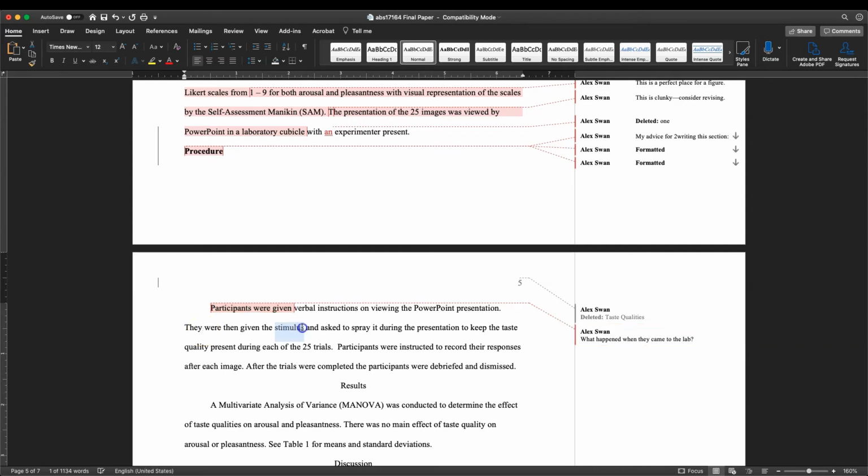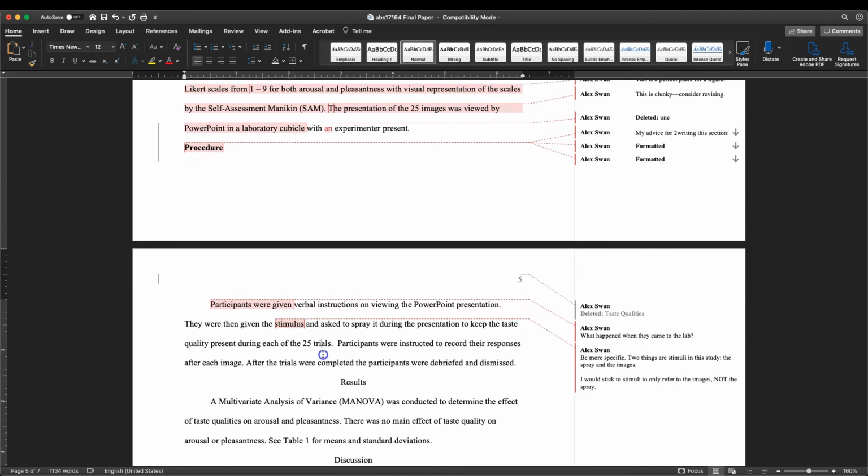So the SAM, the self-assessment mannequin, was the DV, and I'm making that note here because what I did was I just used the word stimulus, and what does that mean? In the actual paper, it means the spray, but stimulus has been used for visual cues, not the spray, in earlier parts of the paper. And so you want to make sure that you are using, again, consistent verbiage throughout, right?